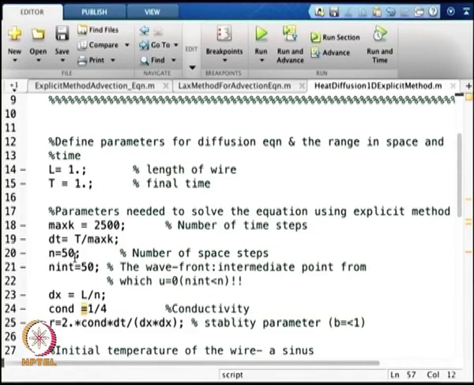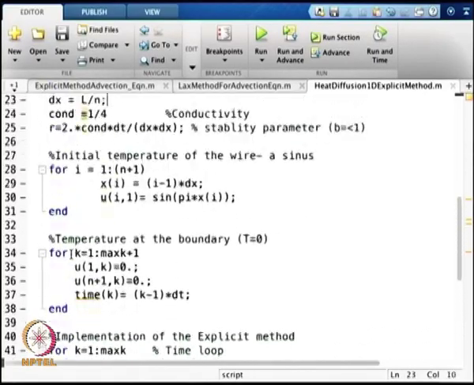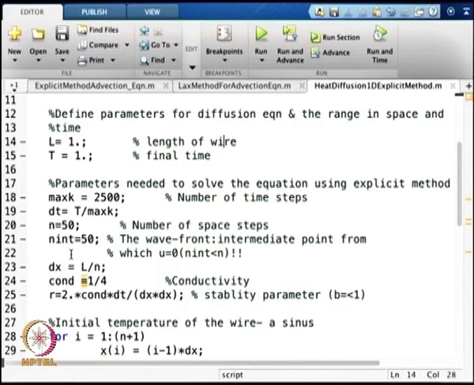We need to set the maximum time step and maximum spatial steps, which we have done here, and we see the value of r, which is the stability parameter.